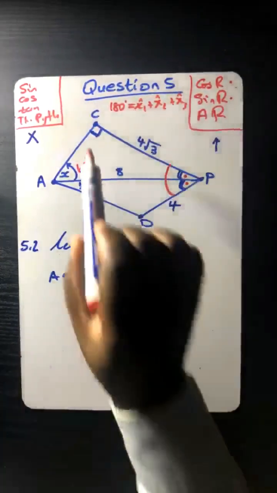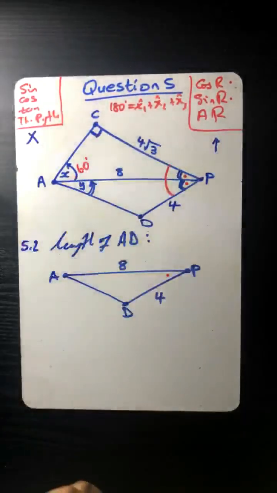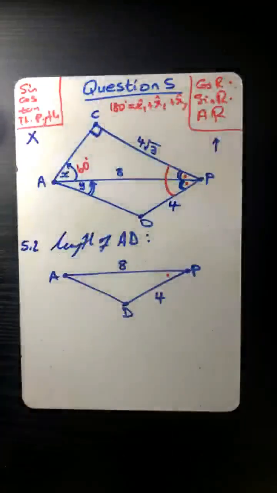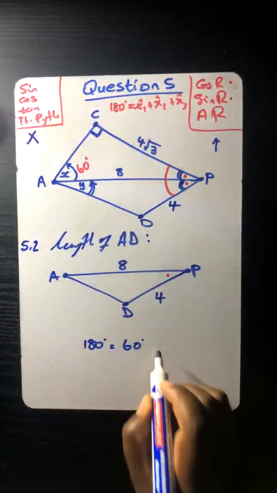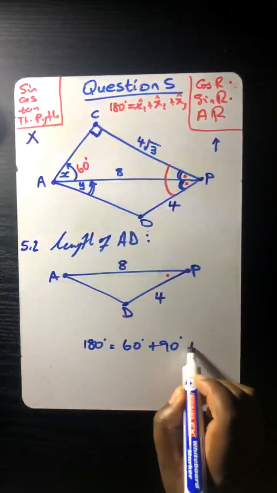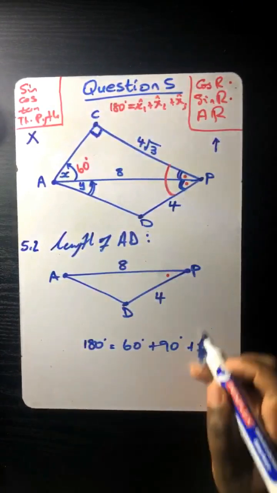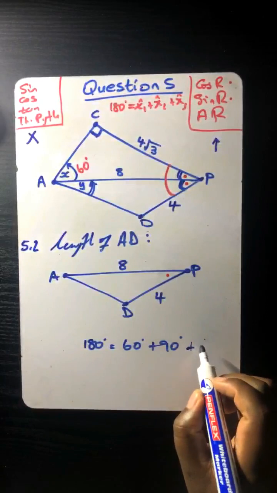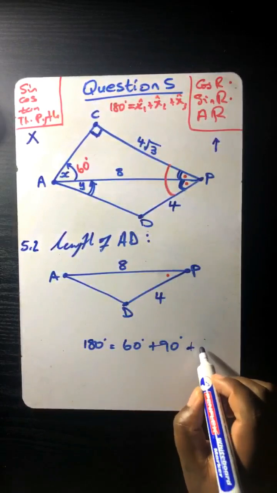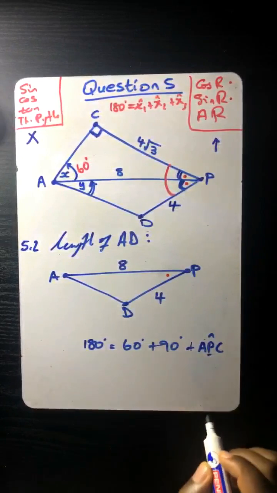So you have 90, you have 60. Whatever it is, honorable members, we know that we are having 180, which is equals to 60 degrees plus 90 degrees, plus what is it, angle at P. Or let's maybe write it this way and say in triangle APC, angle P is what we're talking about.